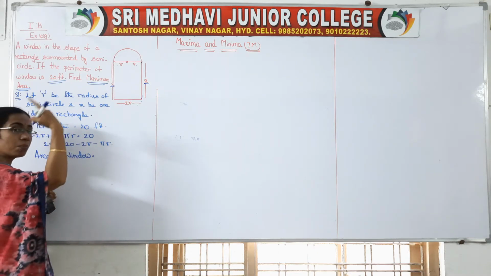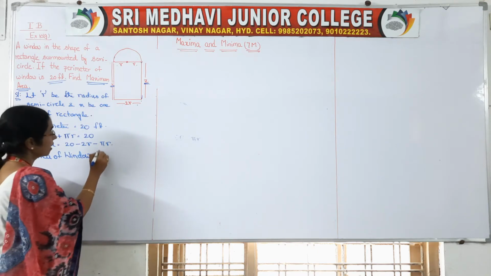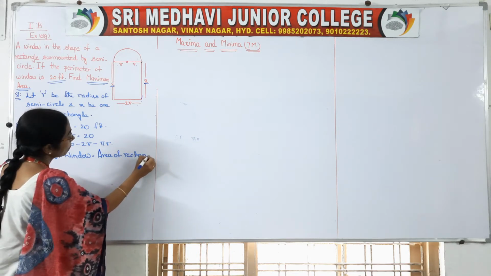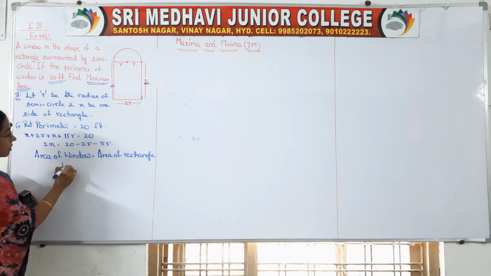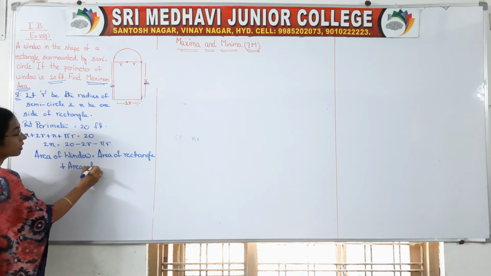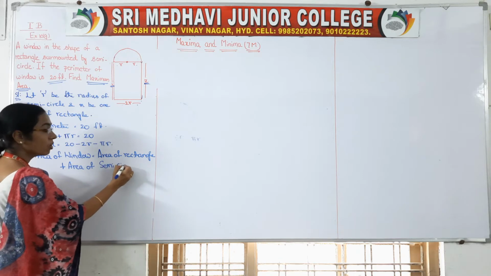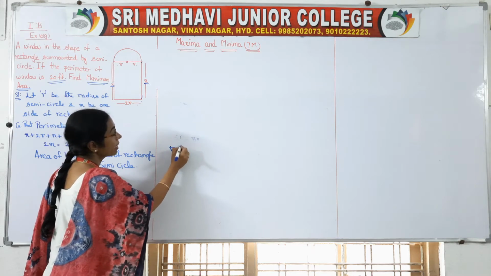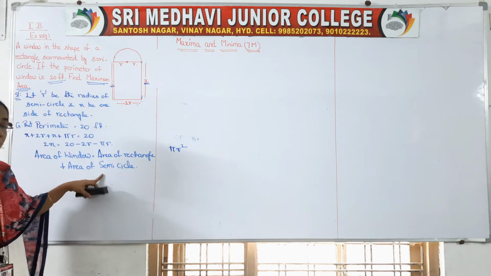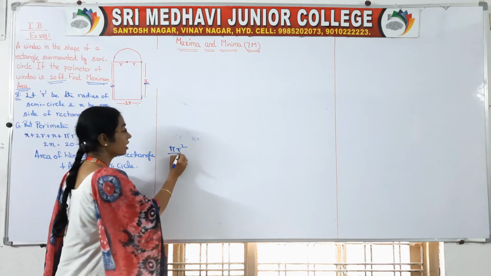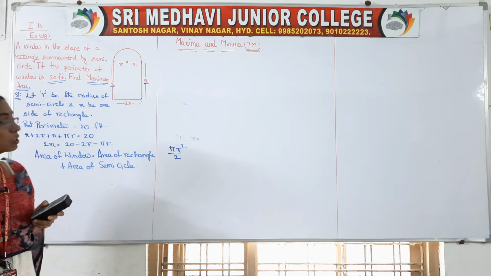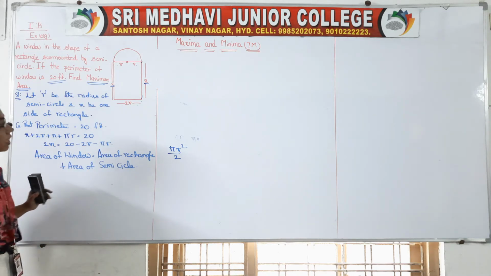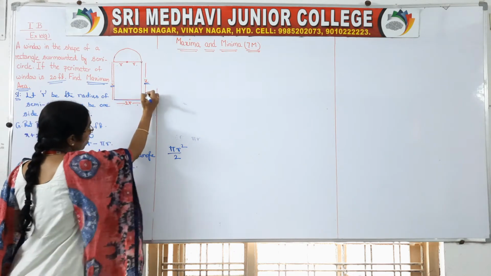Area of a rectangle plus area of a semicircle. The area of a circle is pi R squared, so for a semicircle, half of the area, it is pi R squared by 2. And the area of the rectangle is length into breadth, so 2R into X.